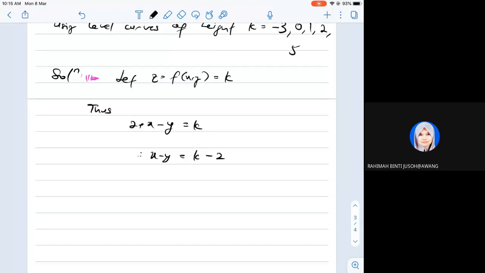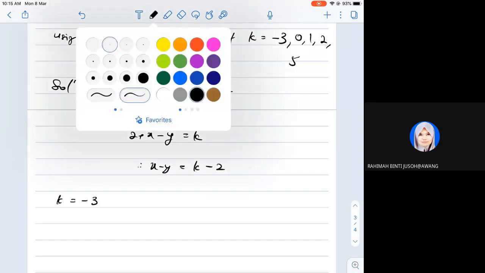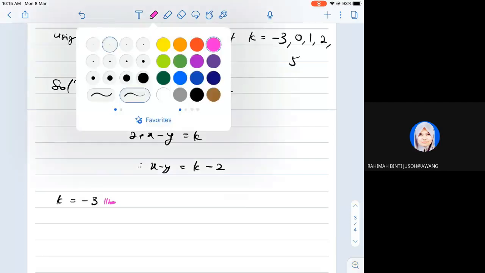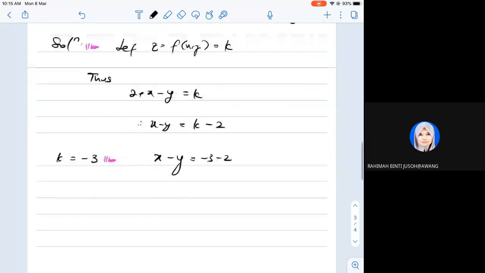X minus y equals to k minus 2. So next we need to substitute all the values of k. Okay, kali ni saya buat k negative. K equals to negative 3. So we have this. X minus y equals to negative 3 minus 2. So we will have x minus y equals to negative 5.